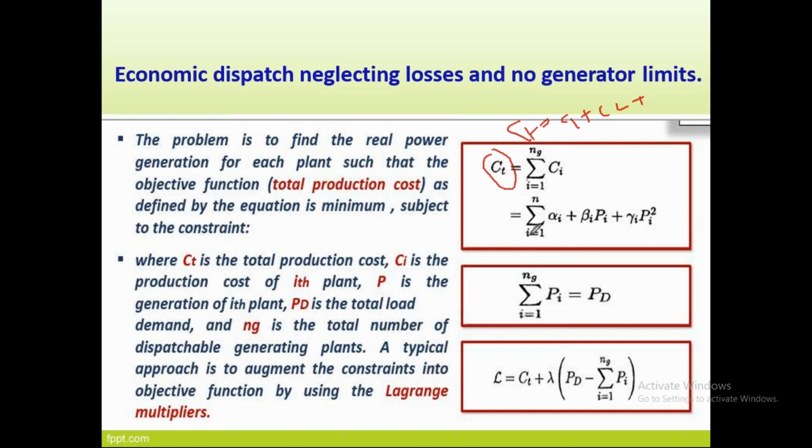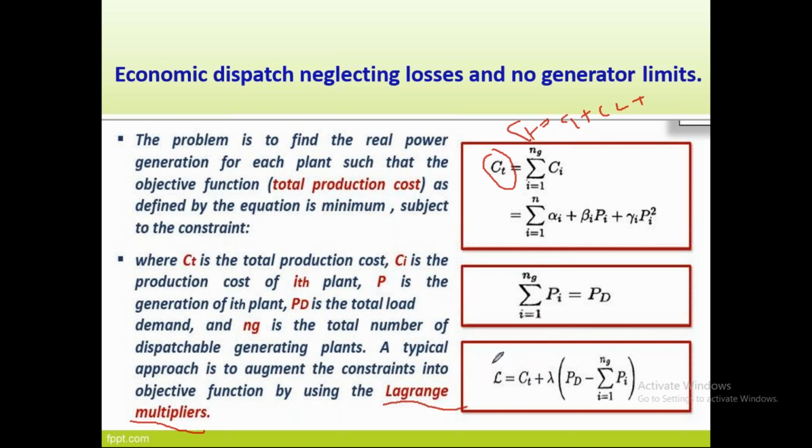Now how can we solve these equations for finding PG1, PG2 and cost? There is one method we have to use, called Lagrange multipliers, and this shows how we can get the relation between the total cost, total demand, and power from each unit.